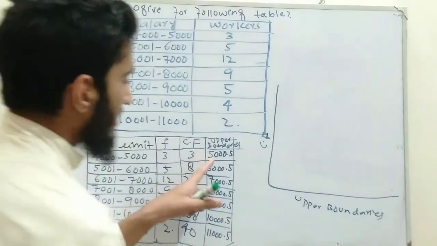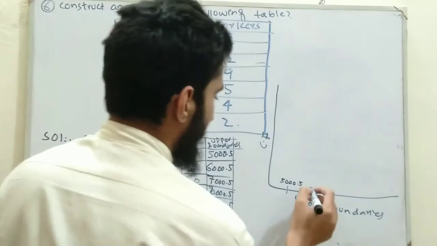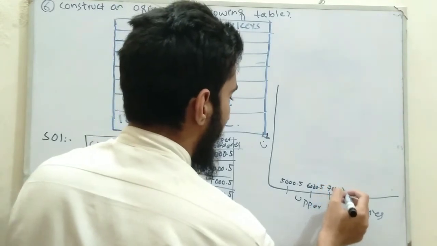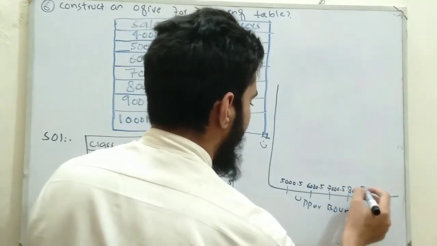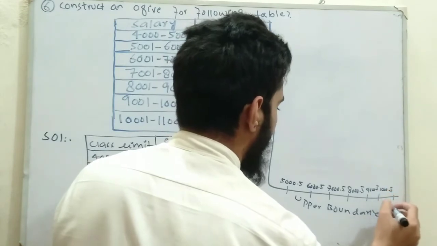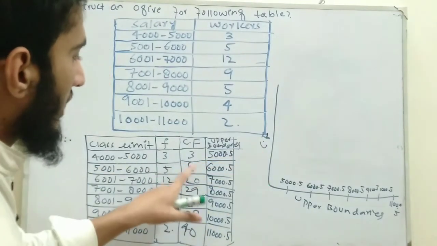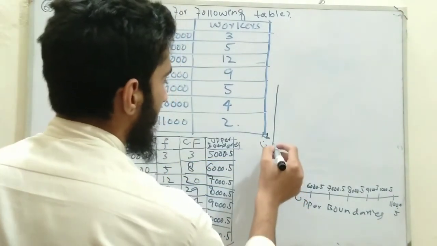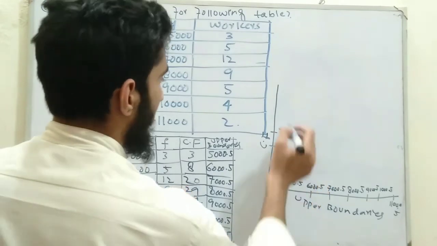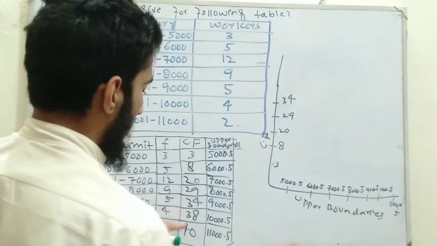On the x-axis we have 5,000.5, 6,000.5, 7,000.5, 8,000.5, 9,000.5, 10,000.5 and 11,000.5. Along the y-axis we consider the cumulative frequencies: 3, 8, 20, 29, 34, 38 and 40.